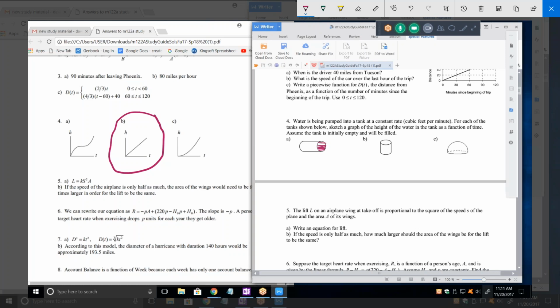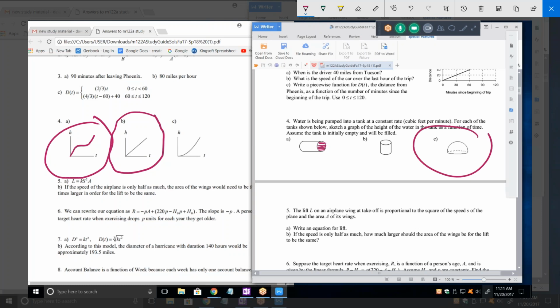There's going to be separation as I get to this area where the width decreases. And so this fits perfectly. It starts out, the height going up relatively quickly, but then it flattens out as it gets to the middle of the cylinder. And then as it gets to the top of the cylinder, it speeds back up.